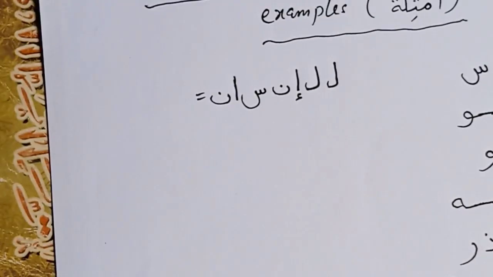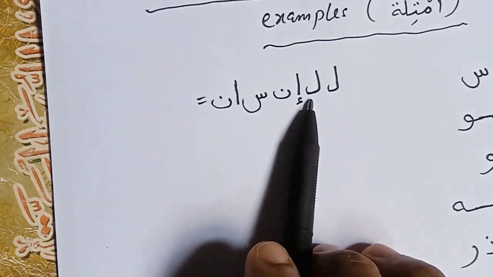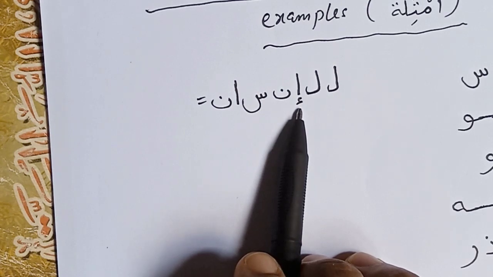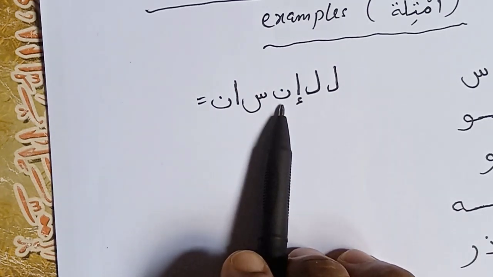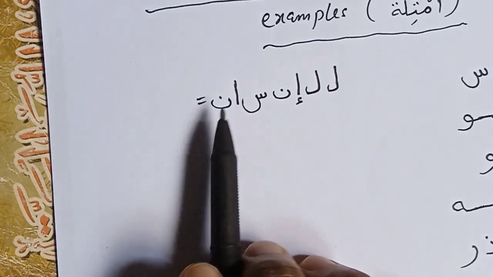Okay, the last example on this lesson, this video, is going to be the lam and another lam with the alif, with the alif hamza, noon, then sin, alif, then sin.